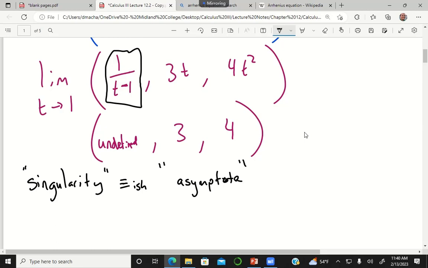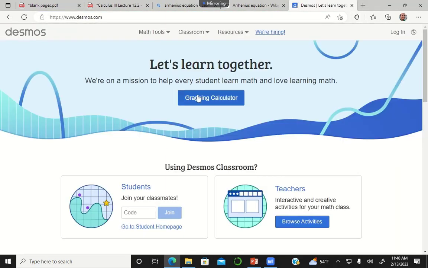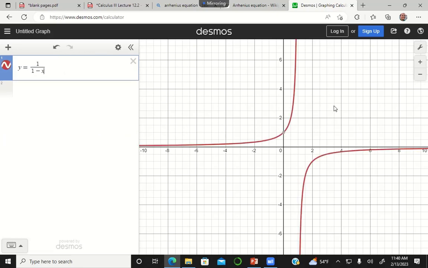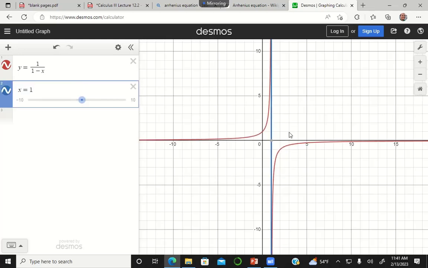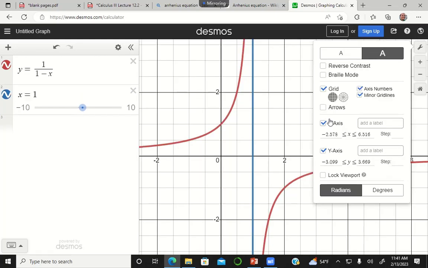So if you hear somebody use the word singularity and we're just talking about this in the context of functions, then normally we say singularity is an asymptote. Like I was saying in this example, y equals 1 over 1 minus x, that point at x equals 1 is what we would call the singularity of that function. So it's just another one of those vocabulary words.